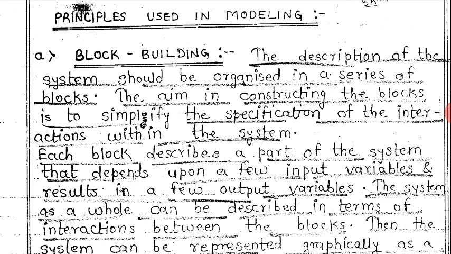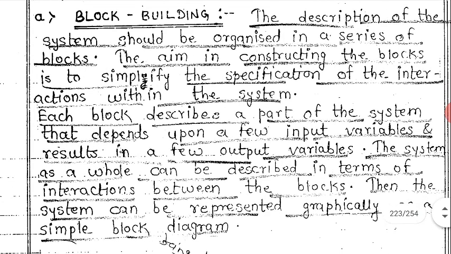It is a description of the system which should be organized in a series of blocks, and this series of blocks is nothing but the activities. The purpose of constructing the blocks is to simplify the specification of the interaction within the system.